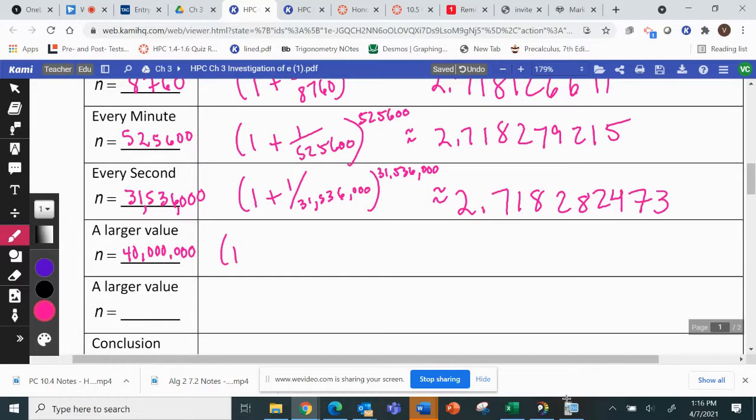But that's going to be 1 plus 1 over 40 million to the 40 million. And then how about I'll do 100 million?